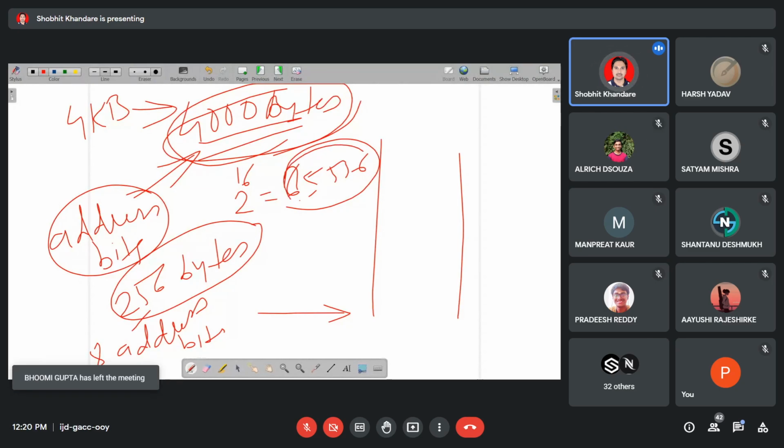Can I say it is more than 4000 bytes? So can I comment that using the 16 address bits I can address 4000 bytes? Yes or no? Yes.